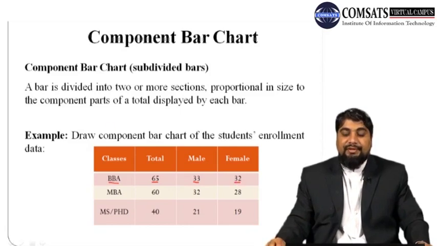Similarly in MBA 1 we have a total of 60 students, 32 male and 28 female. And in MS PhD we have a total of 40 students, 21 male and the remaining 19 female.